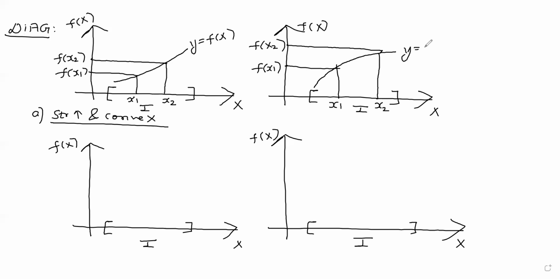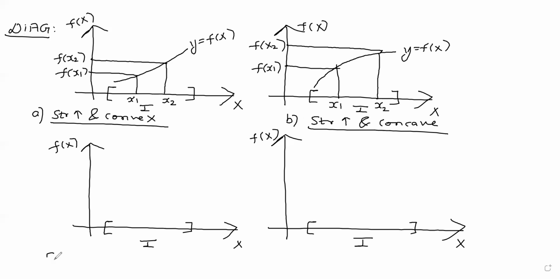Again, you can see that this is the case of strictly increasing and concave. So in diagram B, the graph is strictly increasing and concave to the origin.